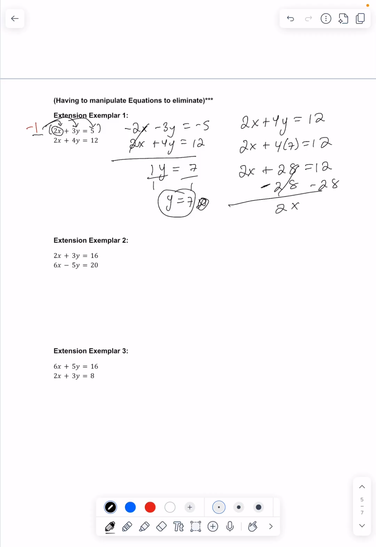We get 2x is equal to negative 16. Divide by 2. We get x is equal to negative 8. So that means the point of intersection is at negative 8, 7 for this one.